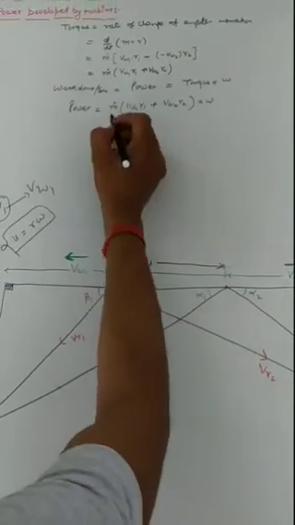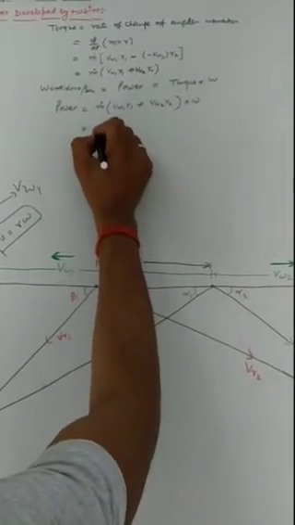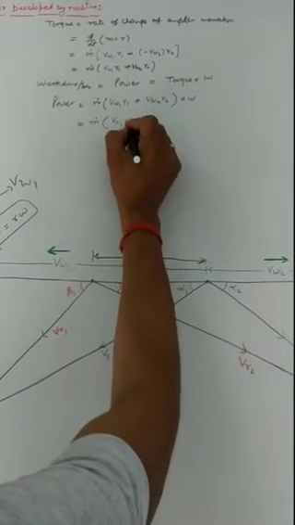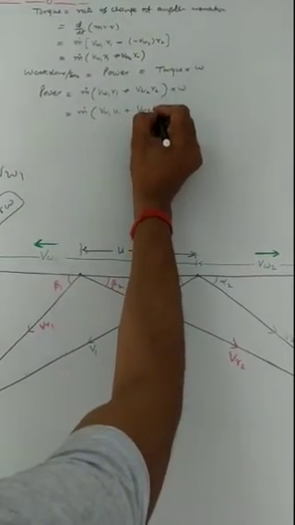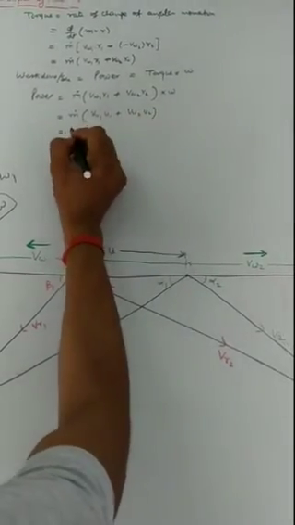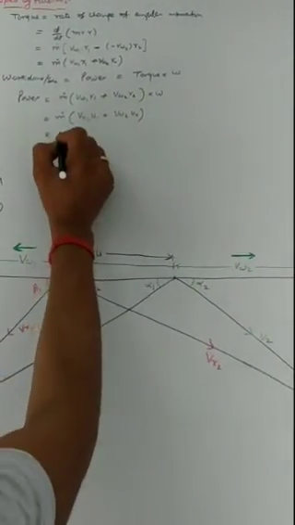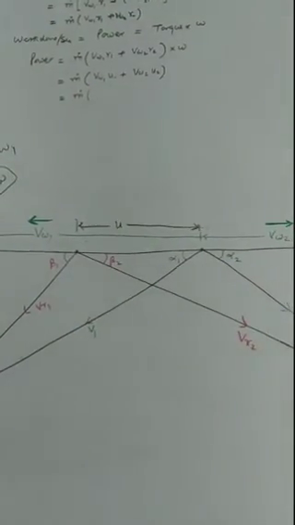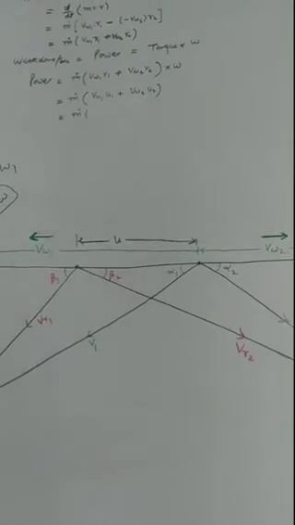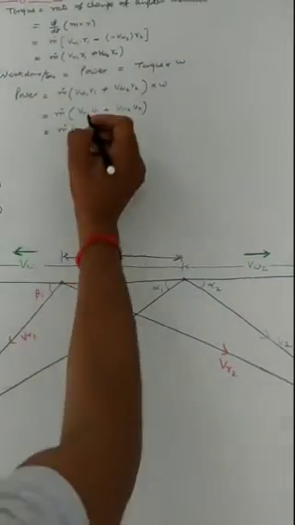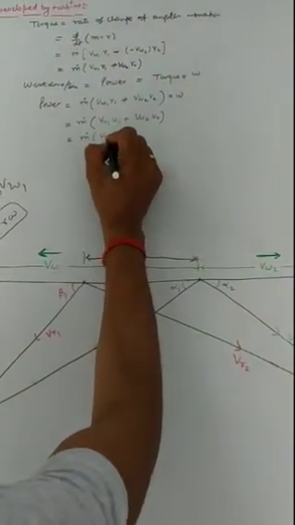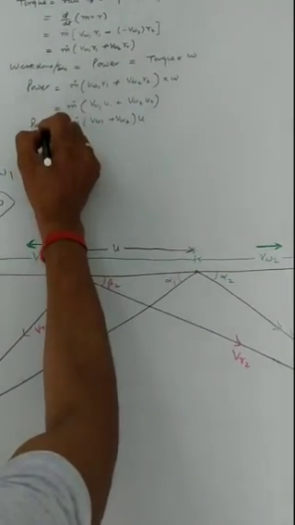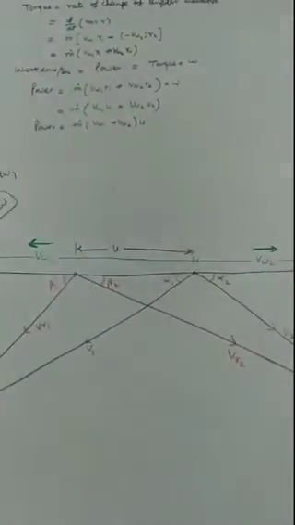Use this relation and you can rewrite it as m (VW1 U1 plus VW2 U2). U1 and U2 are both equal because all the blades are mounted on the same rotor. That's why power is m (VW1 plus VW2) into U. This is the power generated in the steam turbine.